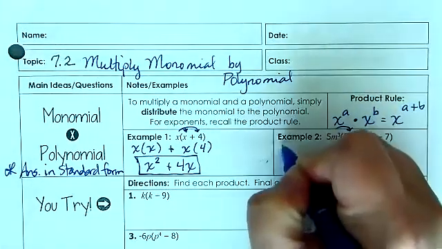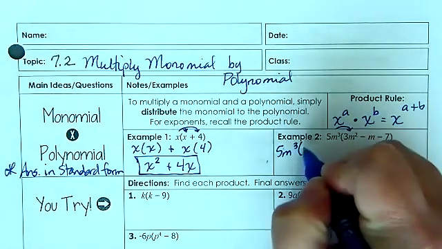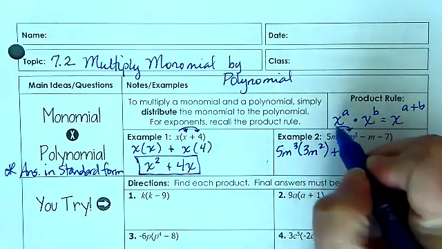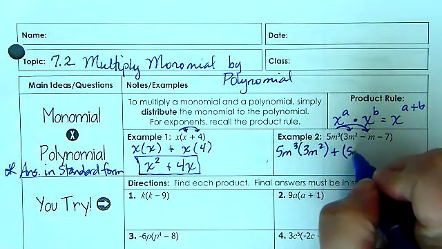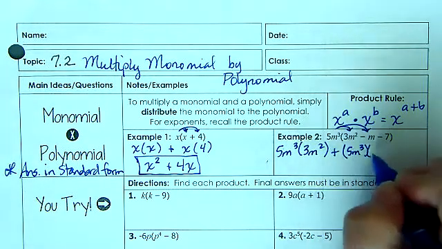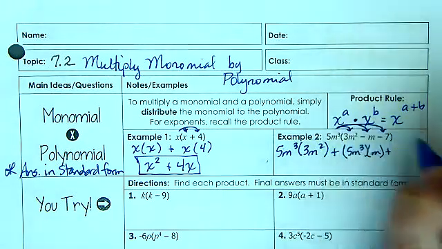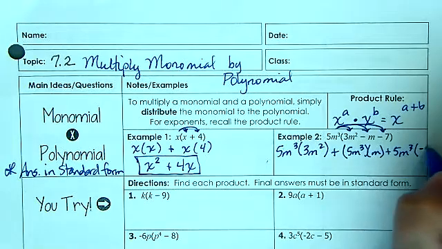So I'm just doing 5m cubed times 3m squared plus 5m cubed times m plus, when I distribute, 5m cubed times negative 7.